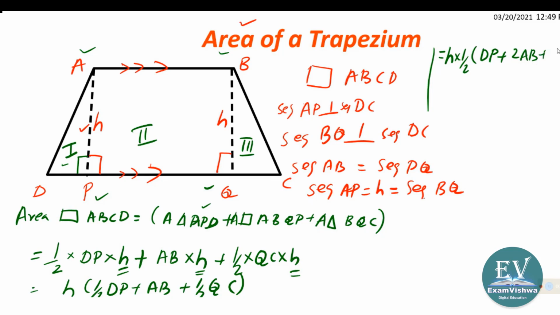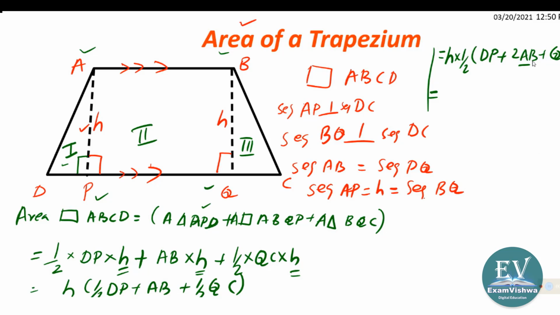Then QC. Now something interesting happens here. 2 times AB comes. Why did I write 2 times AB? Because half into 2 times AB is equal to AB, and I want AB only here. So that will give us an idea.